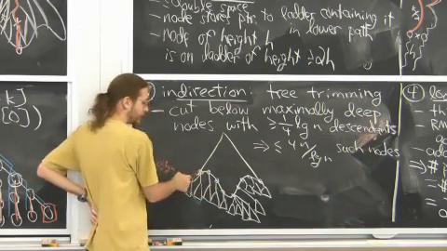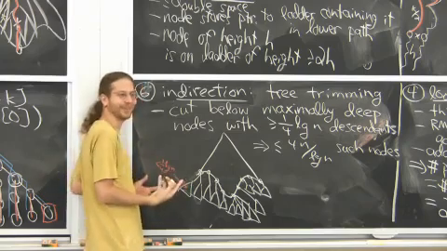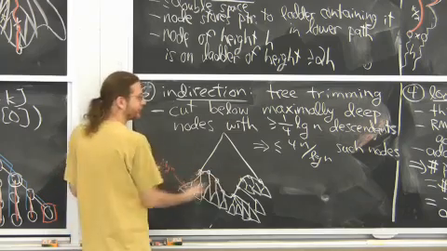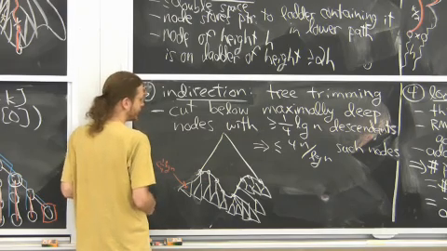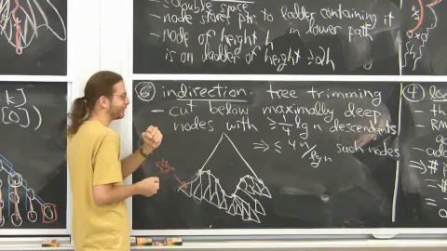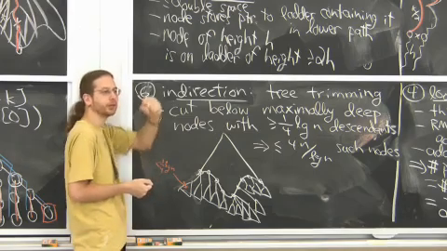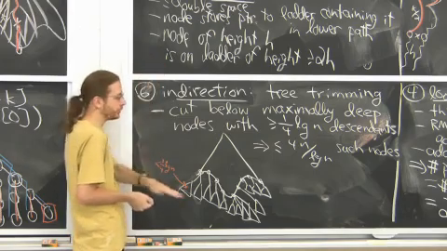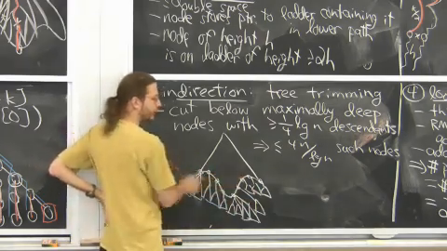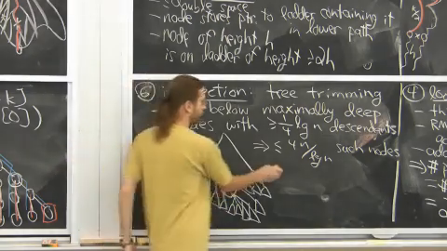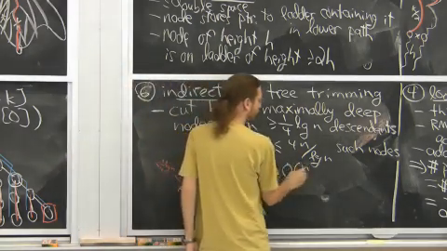Right? If I cut all the edges going down from there, that makes it a leaf. And they're the only leaves? Yeah. I mean, if you look at a leaf, then it has size less than a quarter log n. So you will cut above it somewhere. So every old leaf will be down here. And the only new leaves will be the cut nodes. Okay, so we have order n over log n.